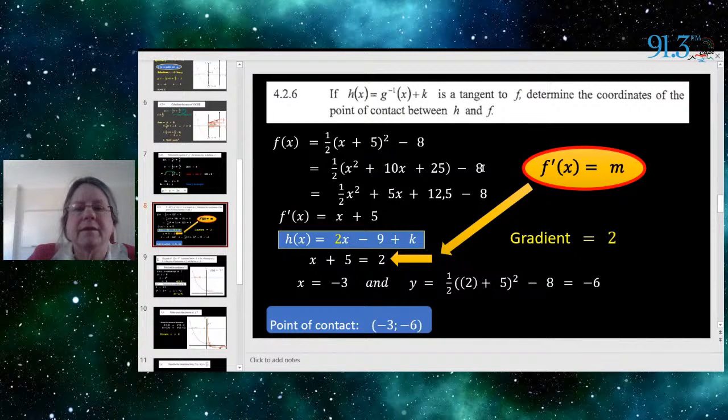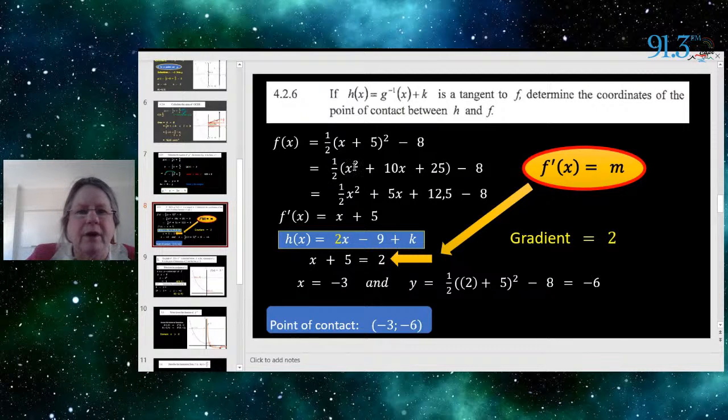So be very much aware of how to multiply two brackets together. You could have written (x plus 5) in brackets and (x plus 5) in brackets again, because that is what that 2 means. It means that there are 2 of these. And you can then do the multiplication on the side and you will get to this answer.